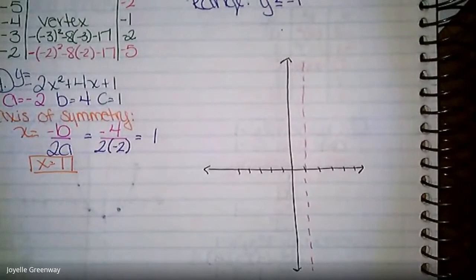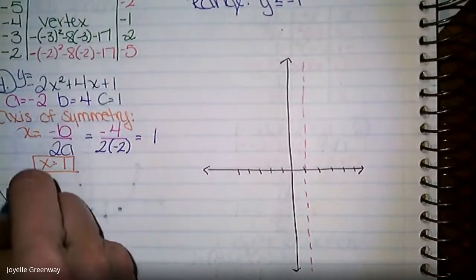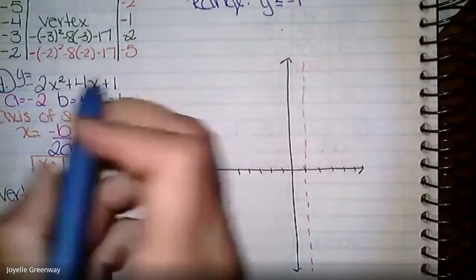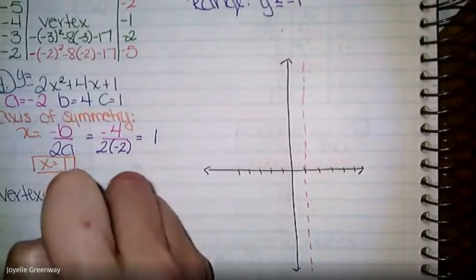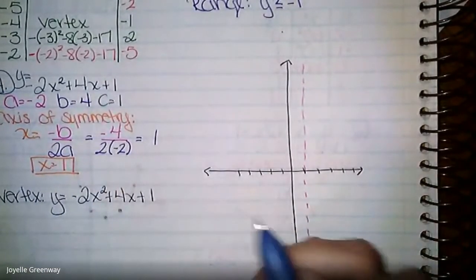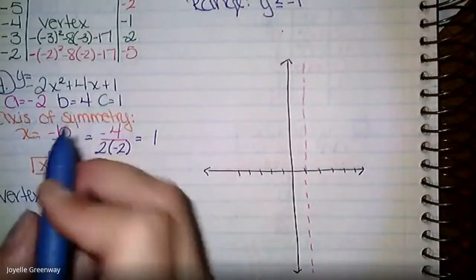Okay. So now let's find the vertex. So I have y is equal to -2x squared plus 4x plus 1. So I'm going to substitute in with a 1.